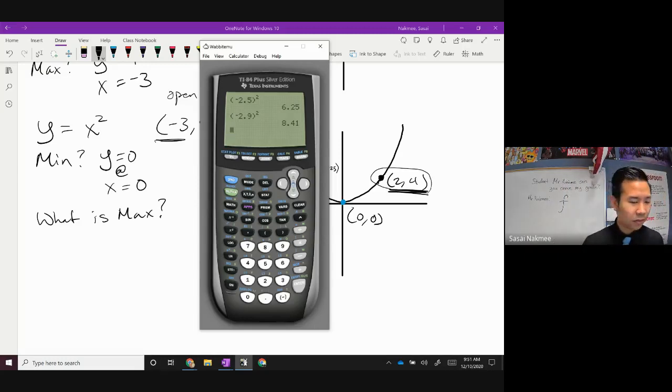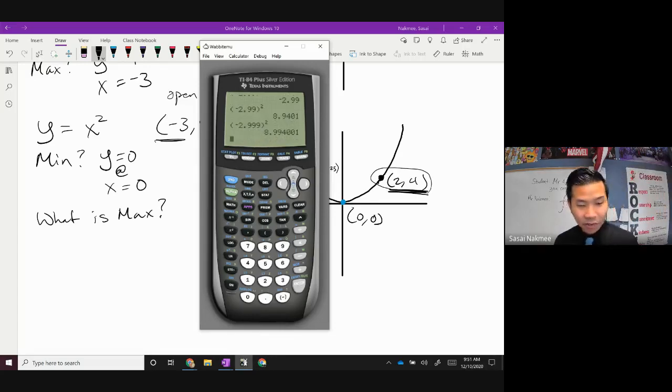What's the closest point I can get to that will make it the absolute maximum? 2.99 squared is 8.94, which is bigger than 8.41, right? If I do -2.999 and I square that one, is that going to be bigger? It is. It's bigger by another decimal point. Instead of 8.94, it's 8.994.